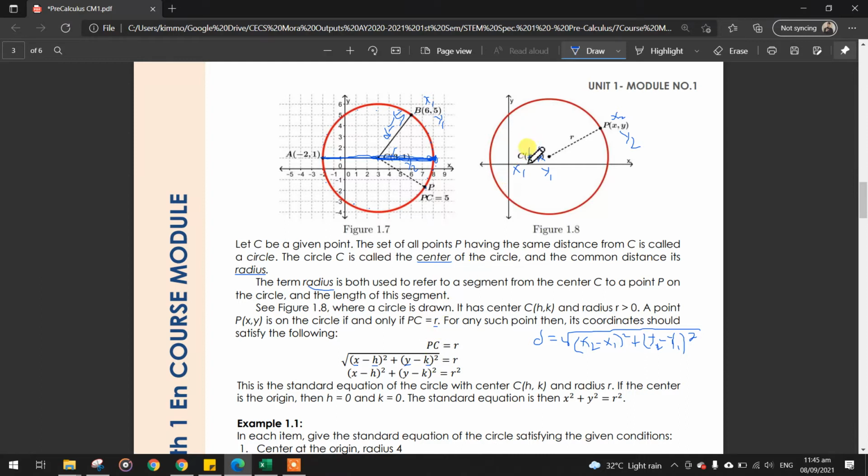Okay, again our h and k, these are variables sa coordinates sa center. Okay. Then atong x ug y, coordinate na siya sa atong point. So that's why after that atong gi-substitute, so we have here, then we equate it to our r.